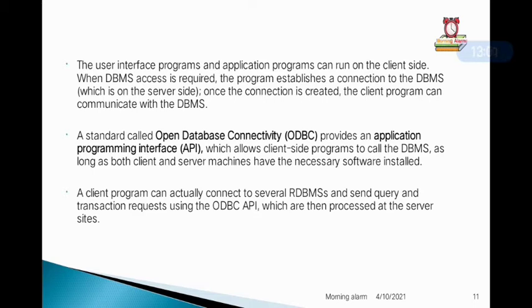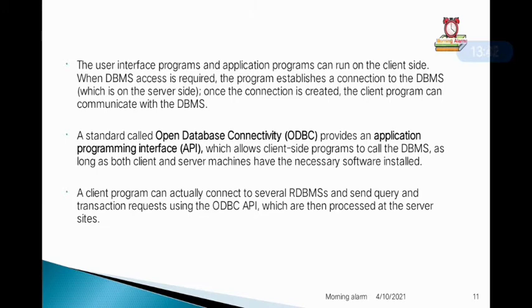A standard called Open Database Connectivity, ODBC, provides an application programming interface, API, which allows client-side programs to call the DBMS. So after the connection is established between the client side and server side, something has to be provided to the client to call the server side programs. So what is that? Open Database Connectivity is providing an application programming interface.